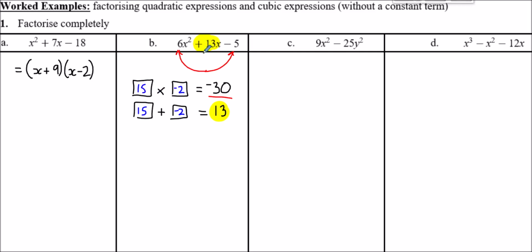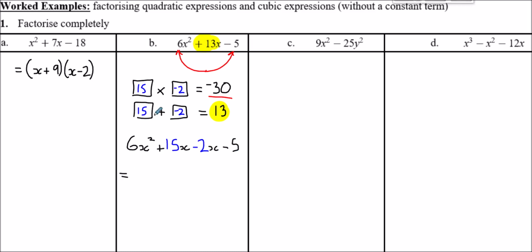What we now do is we partition this 13 into 15 and minus 2. So we rewrite it: 6x squared plus 15x minus 2x minus 5.